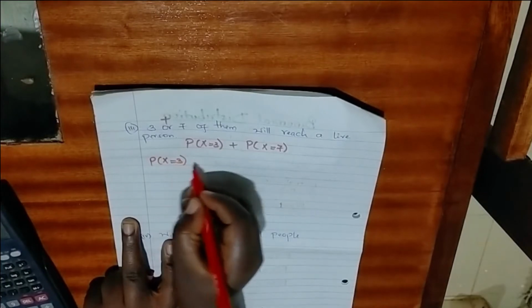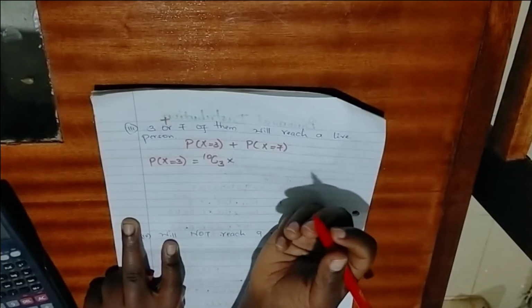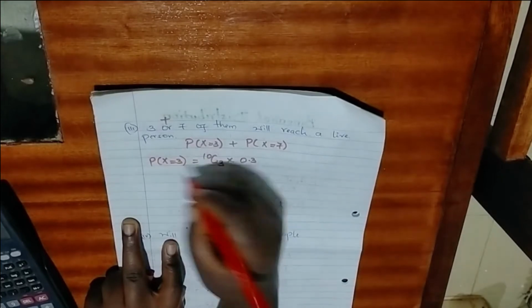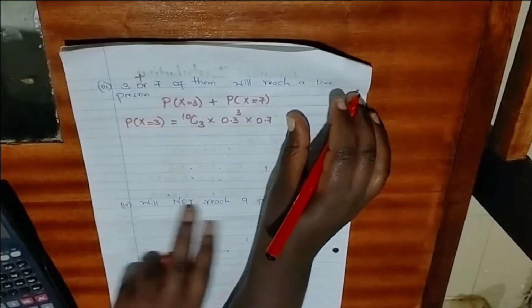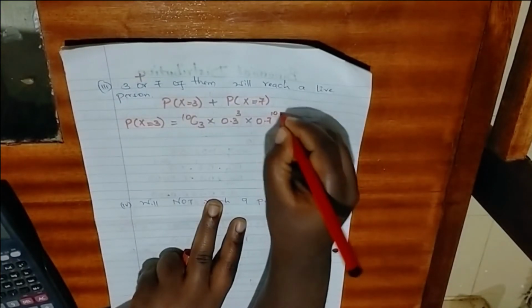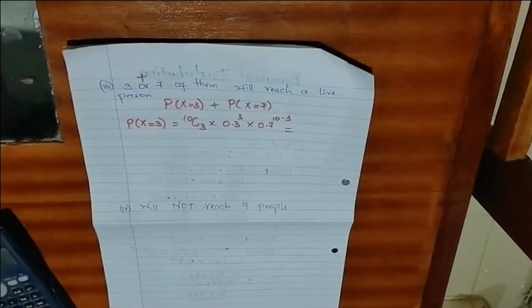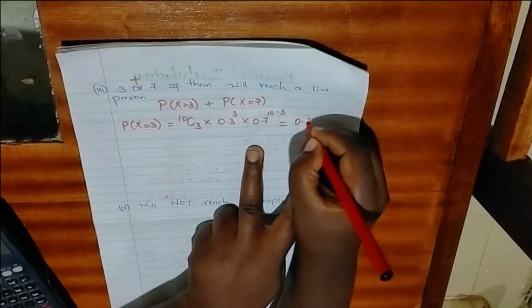For X equals 3, we have 10 combination 3 multiplied by 0.3 raised to power 3, multiplied by 0.7 raised to power 10 minus 3. Once more, plug the numbers into the calculator, and this is 0.2667.